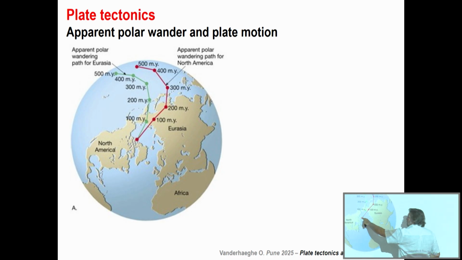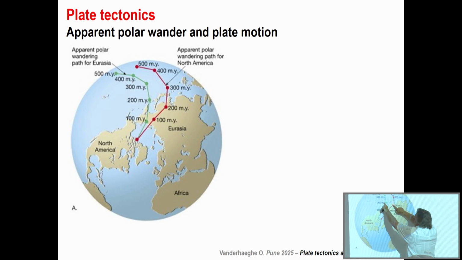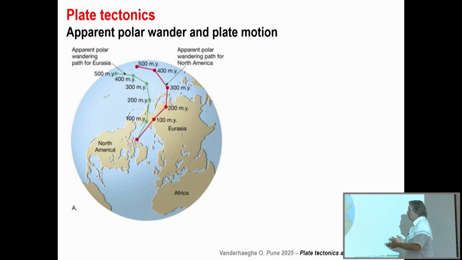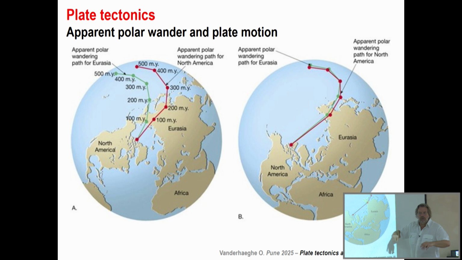Today, if we measure the pole, it's in the same place for both North America and Eurasia. 100 million years ago they started to be offset, more offset 200 million years ago, and even more as time proceeds. So either the pole was wandering and was not the same for North America and Eurasia, or another way to explain it is to move the continents and make the poles match.